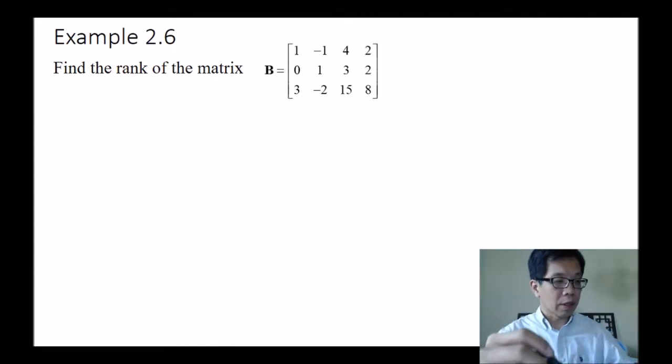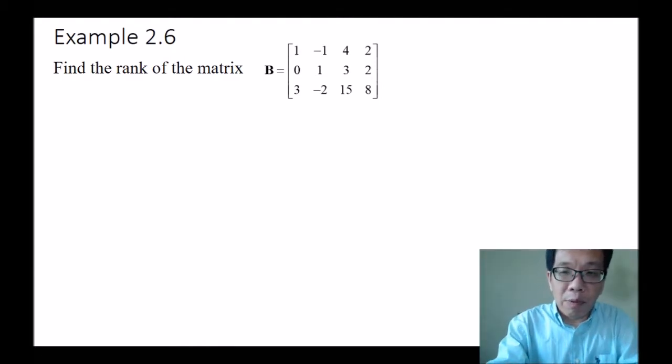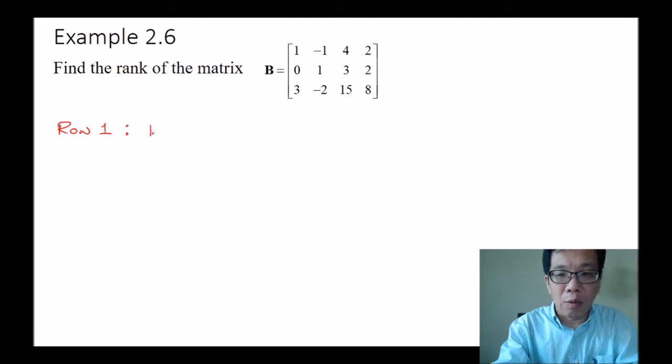If you observe that closely, row 1 of B is 1, -1, 4, and 2. In row 2, that is 0, 1, 3, and 2.